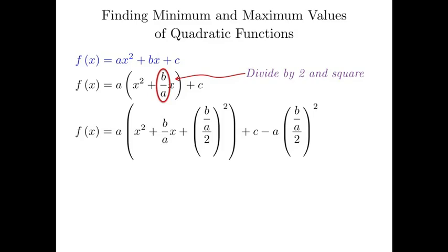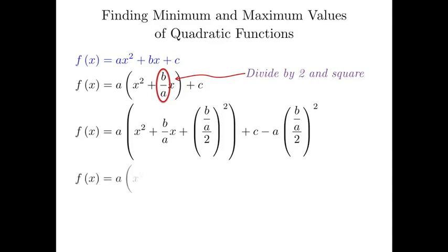That's exactly what we said we were going to do. Take that, divide it by 2, and square it. So that's all we've done. And then we have our plus c and minus a times the quantity b over a over 2 squared. So that's the same steps we've done. It just looks a little different with letters substituting in for our numbers, doing it with variables.